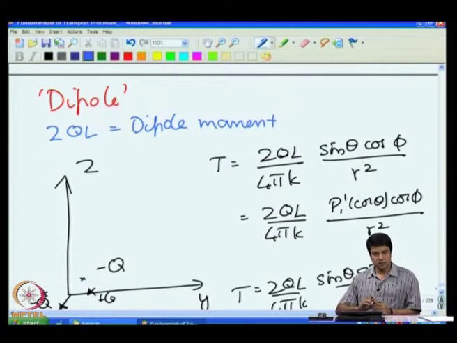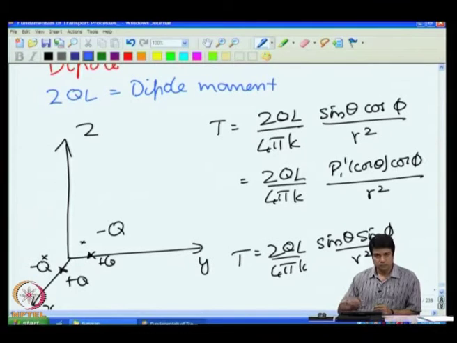So, this is what is called a dipole, and 2q times L is the dipole moment. There is no net source, because there is a source which is generating q per unit time, there is a sink which is absorbing the same amount of heat. So, there is no net source, but there is a temperature field due to this because of the small separation between the source and the sink.